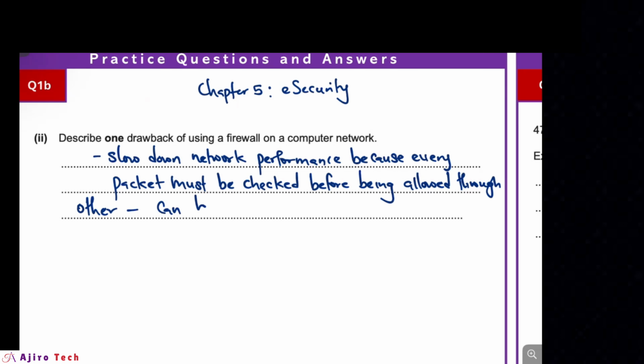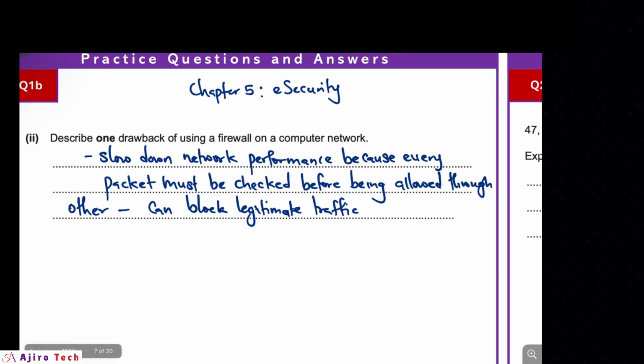It can block legitimate traffic. So these are the drawbacks of using a firewall on a computer.